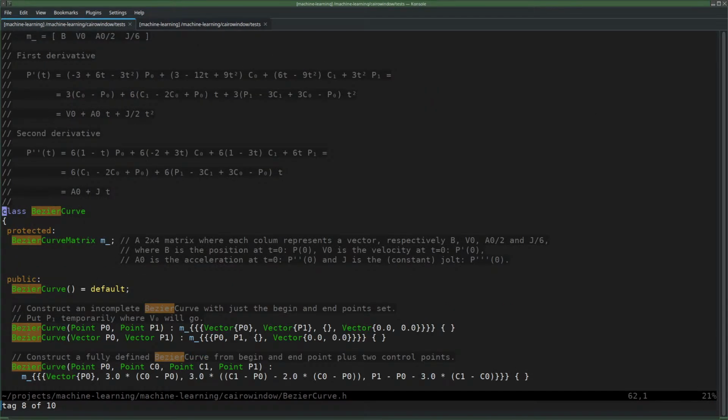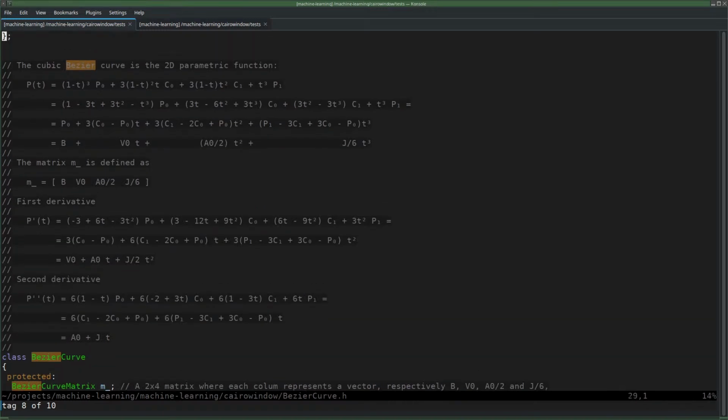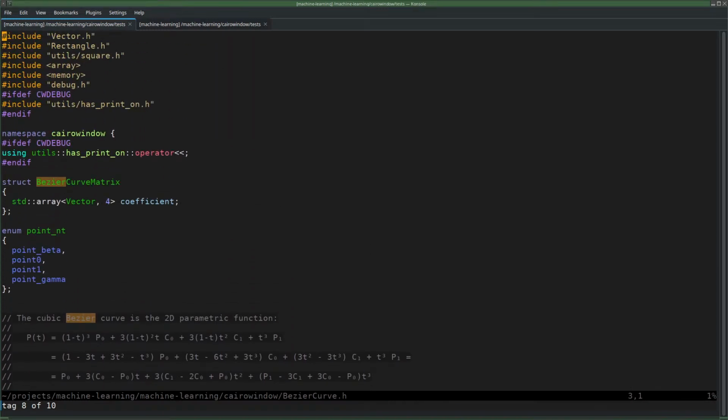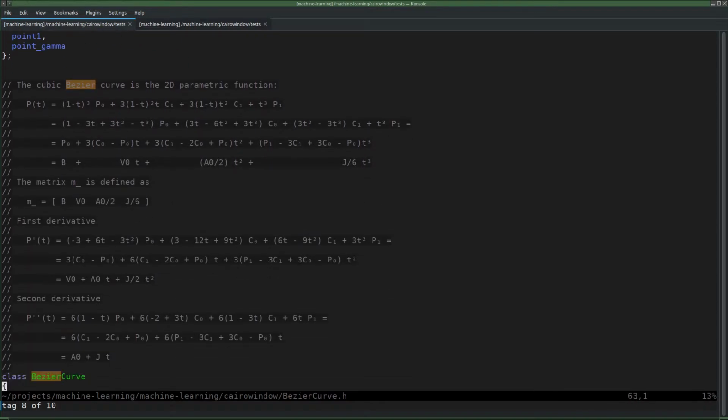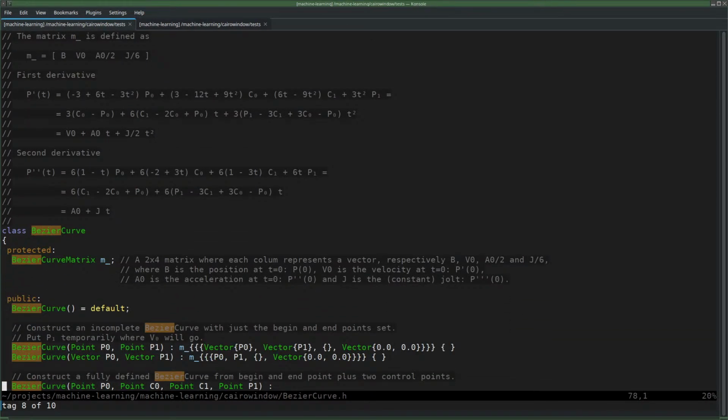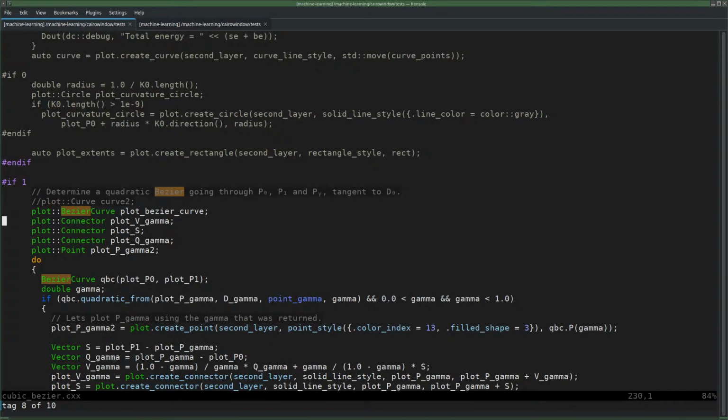And the other one is this one, which is actually the one that I wanted. Never mind. This is the one in Cairo window. Okay, so I have a Cairo window Bezier curve. That's what I have. How do I get a plot Bezier curve then from that?